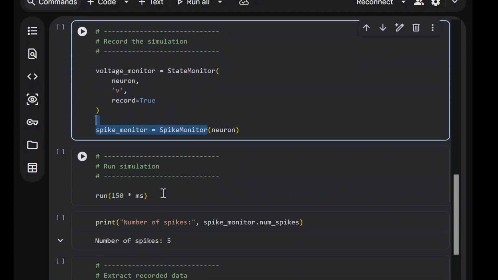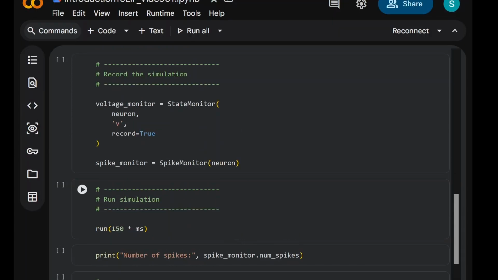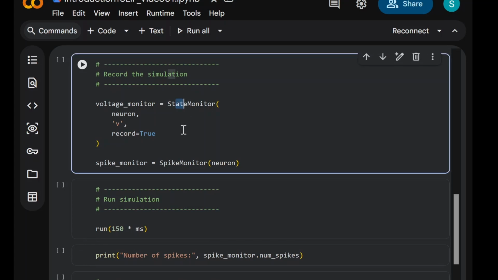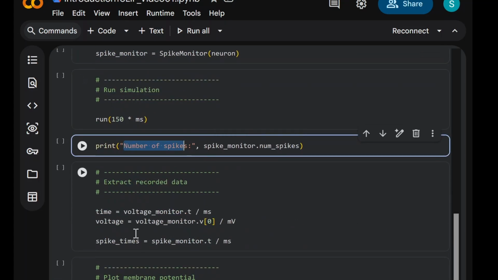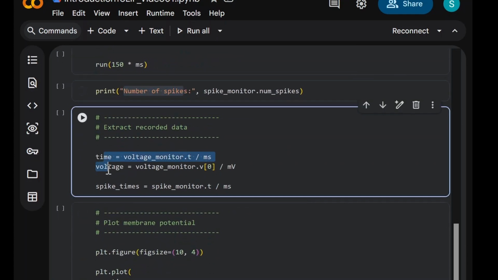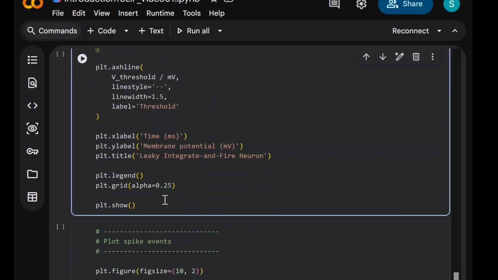To run the simulation, we have this command from Brian2, and this is the duration for which we want the simulation to run. After running the simulation, we can extract values from our monitors, like for example number of spikes, our time, voltage, and spike times. We can plot them in different ways.